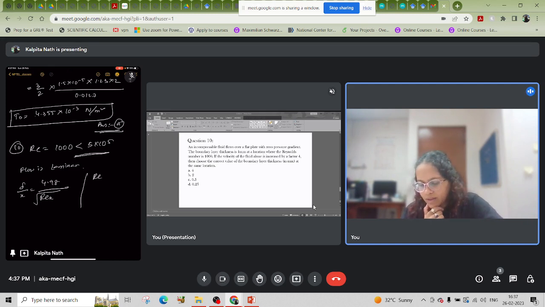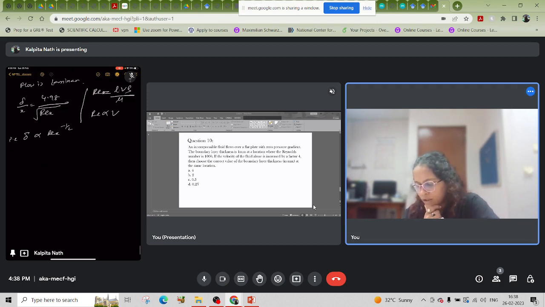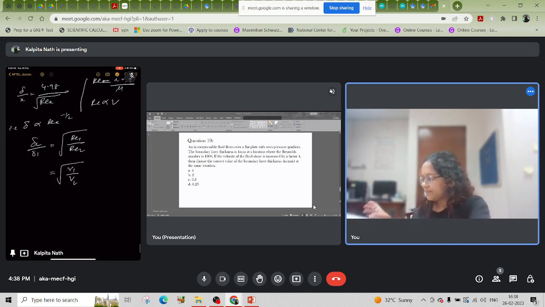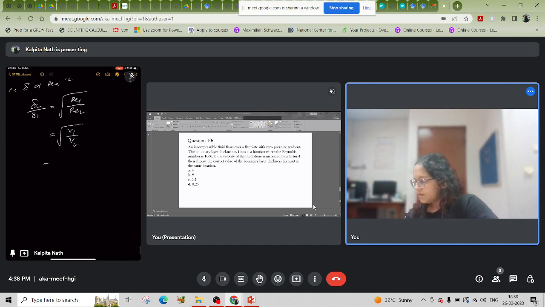And Reynolds number is equal to L V rho upon mu. Reynolds number is proportional to V. That is delta is proportional to Reynolds number to the power minus half. So delta 2 by delta 1 is equal to root over RE1 by RE2, that is root over V1 by V2, because Reynolds number is directly proportional to V. Delta 1 is given as 1 mm.